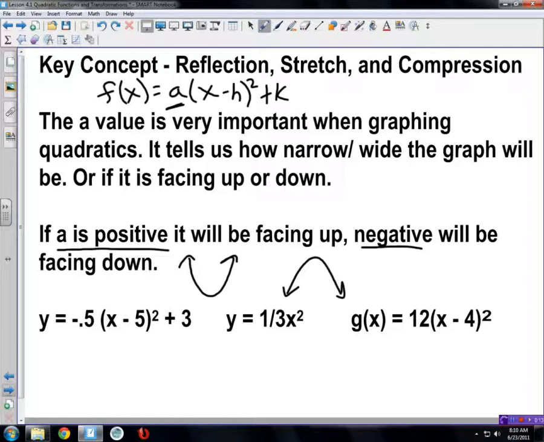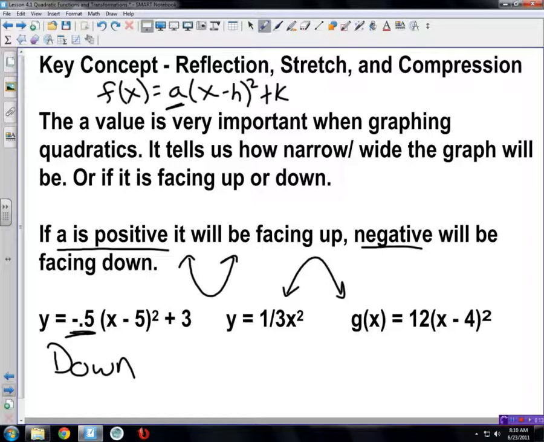Alright, so let's look at the first one here. y is equal to negative 0.5 times (x minus 5) squared, plus 3. So the only thing that changes this is the A value, which is right here. And the only thing that we need to look at is, is it positive or negative? In this case, it's negative, which means it's going to be facing down. Right.